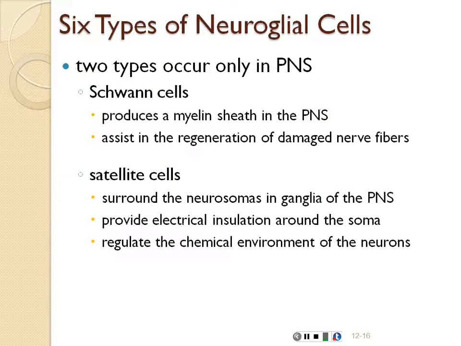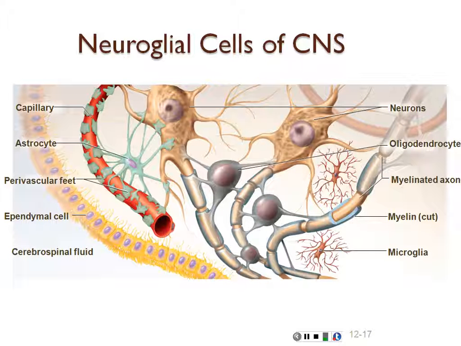And satellite cells, they surround neurosomas, but these satellite cells have a job of regulating the chemical environment of the neuron and provide electrical insulation. So their job is not as defined as the others. Okay, so those are the 6 types of glial cells, and you can see them also here.